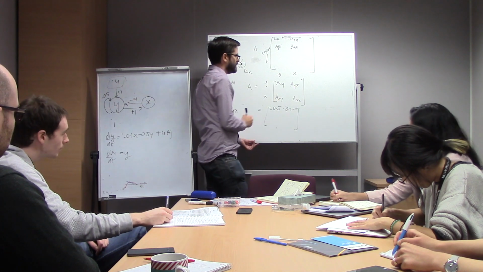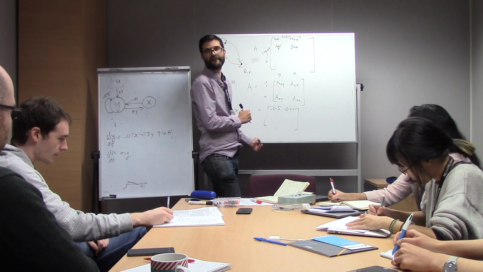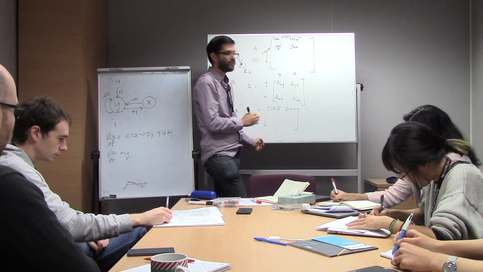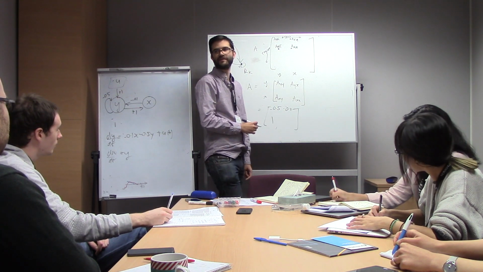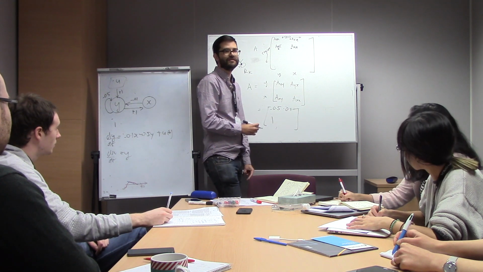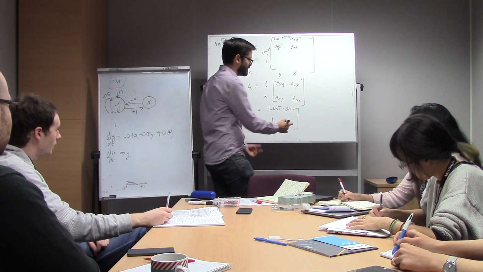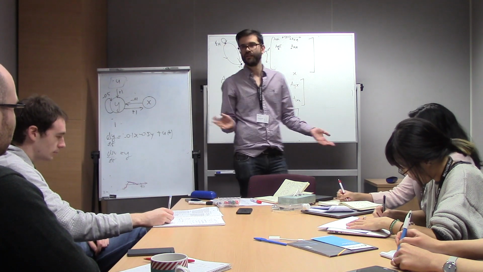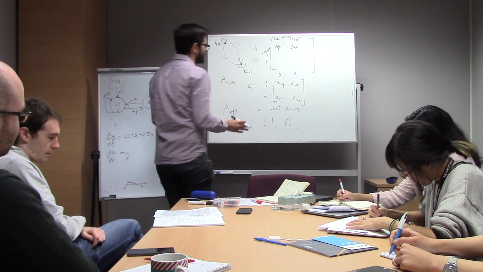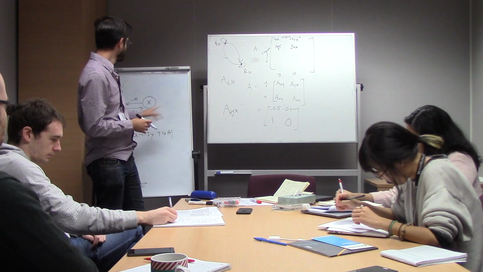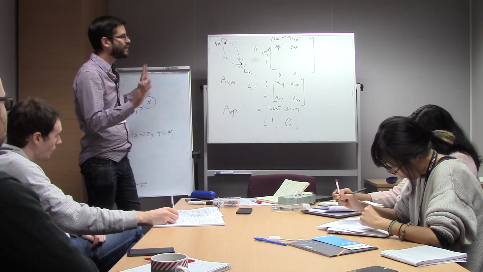Here, to X from Y? 1. Last one, to X from X. We haven't specified it, so it's 0. I've defined it as 0 because it's not there. If it's not there, it's 0. We now have a matrix which represents this wiring diagram. This all should be quite familiar to everyone, I think.